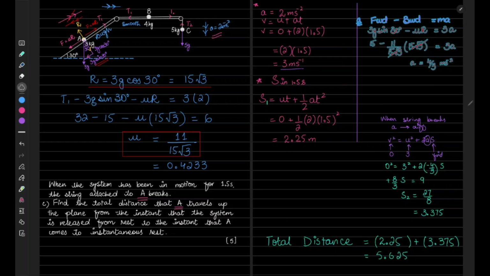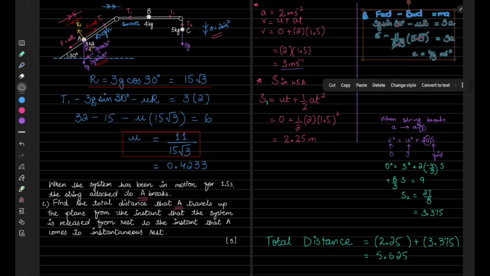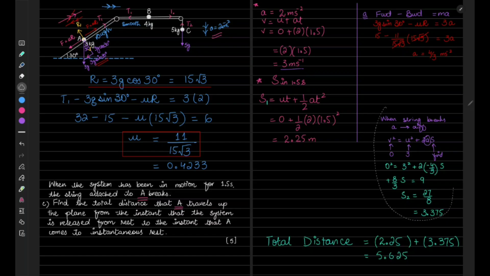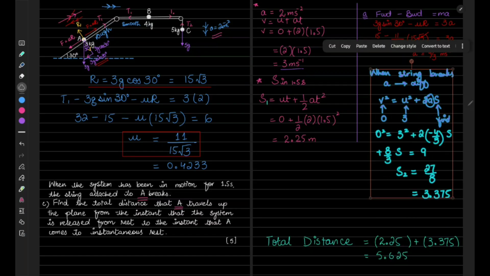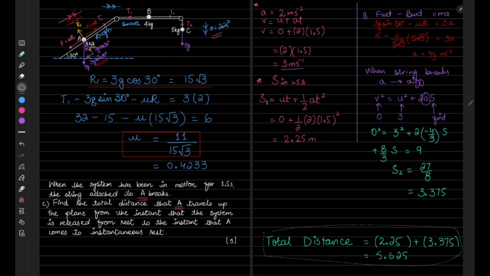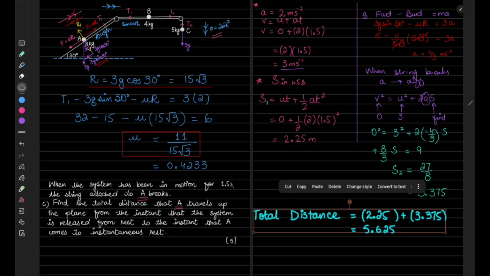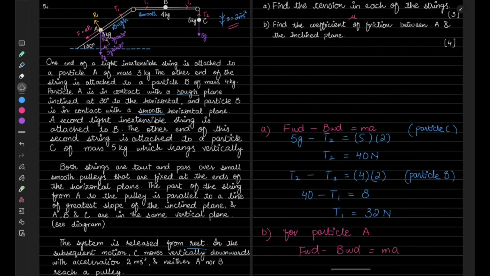It makes more sense. First, we solve the acceleration, and then we found the distance by using the equation of motion, and this is your total distance that it has covered. So yeah, that's all about your question number 5.